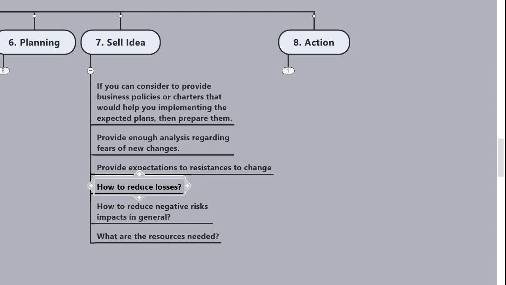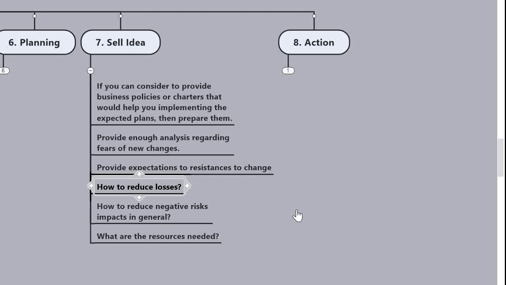Coming to the next question, how to reduce losses. That is also relevant when we make the studies using scenario analysis. We can come up with how to reduce our losses from the risks that could happen, based on how much business analysis you used for this.